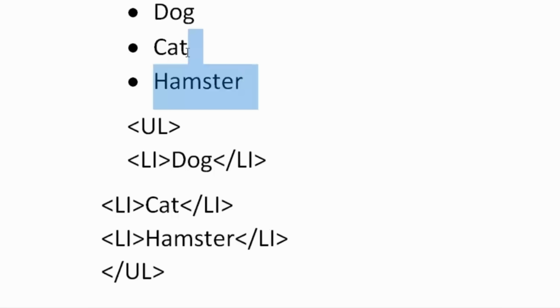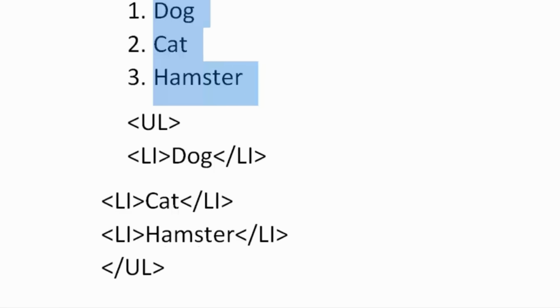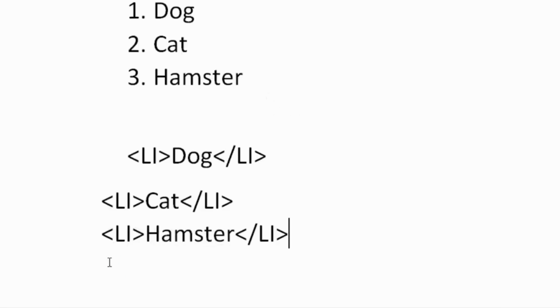All right. So now that you understand that, what I want to talk about now is ordered lists. Ordered lists are going to be something like 1, 2, 3, 4, 5, right? If I switch it to this, the only items that need to change here are the open tag and the close tag. Everything else, the LIs, stays the same. If you think about the abbreviation for ordered list, that's OL, right?